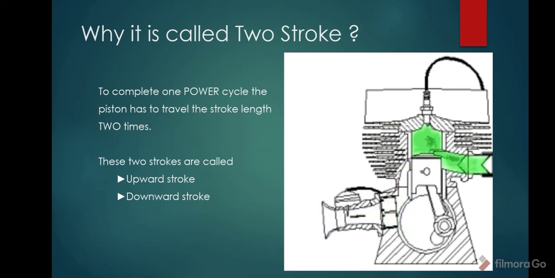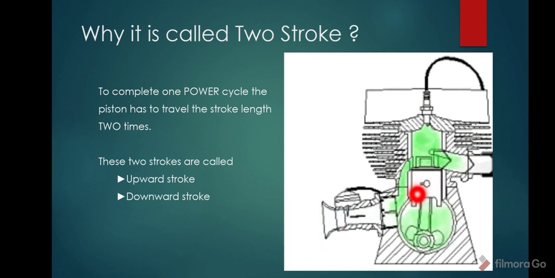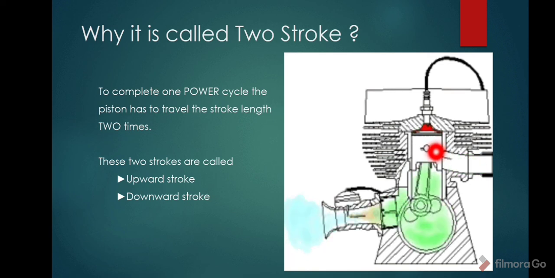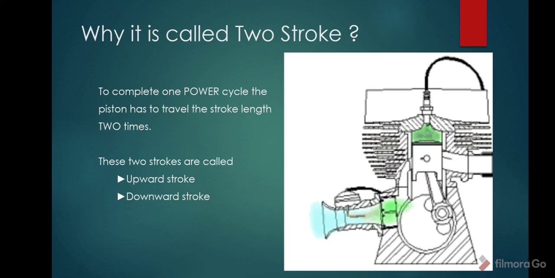During upward stroke, suction and compression is done. During downward stroke, exhaust and expansion is done. The power generation cycle is done by 2-stroke movement of the piston. Hence, it is known as two-stroke.